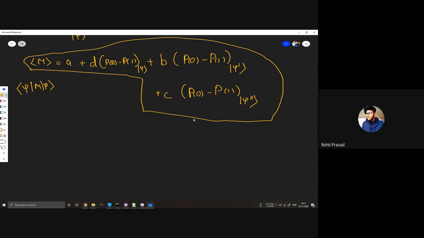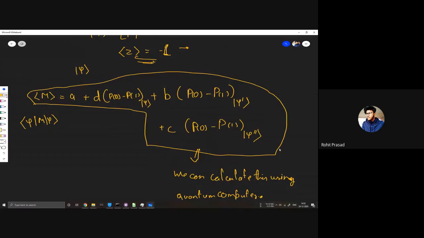So we can calculate this using a quantum computer.